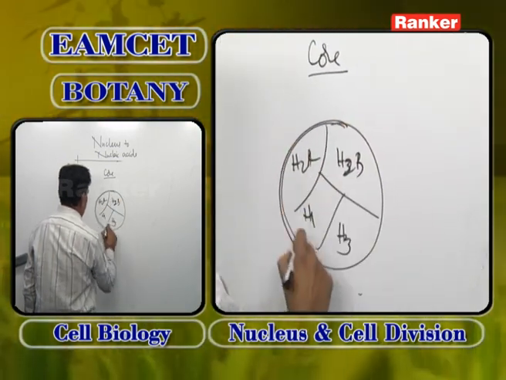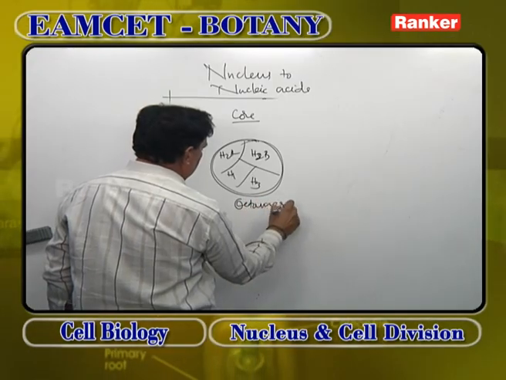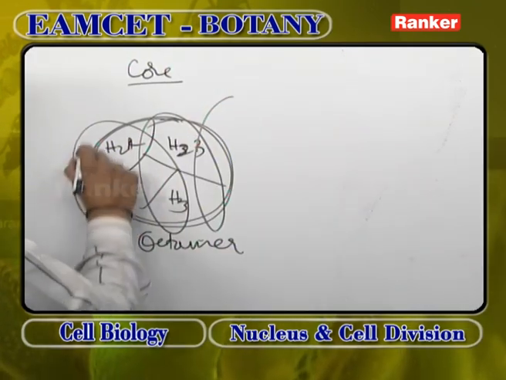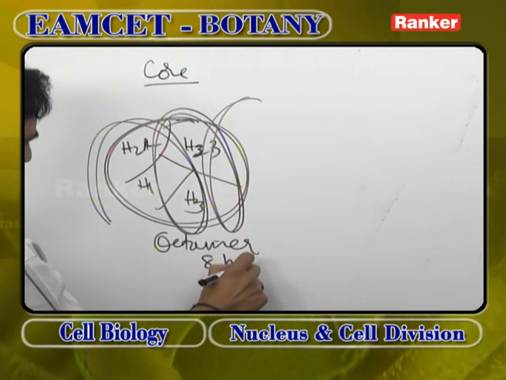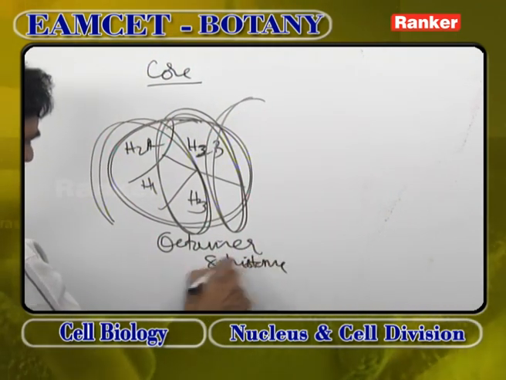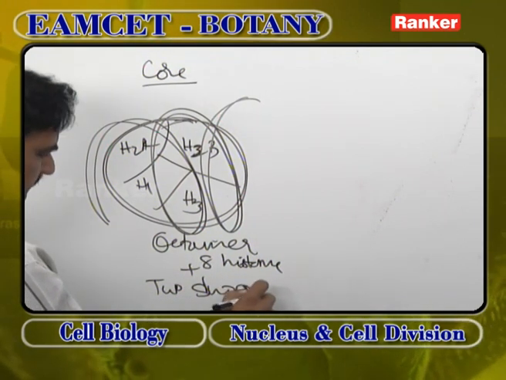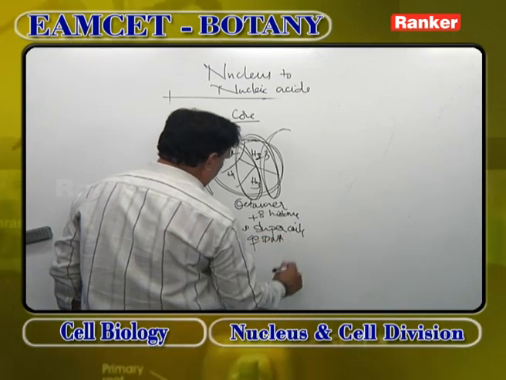These appear in pairs, so it is an octamer. It is circled by DNA in 2 spirals. So an octamer of 8 histone proteins plus 2 supercoils of DNA becomes a nucleosome.